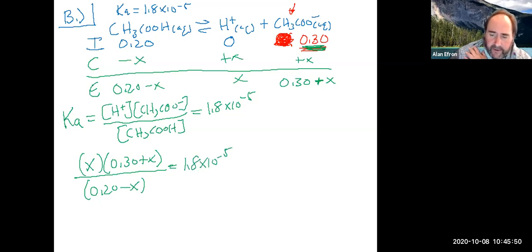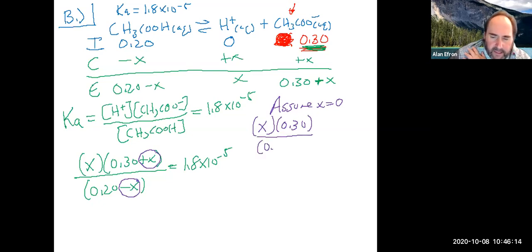Might as well continue on my streak of assumptions here since we've been doing good so far. So we will once again assume that x is equal to 0 here. Again, just the ones we're adding and subtracting from are the ones we're going to do that to. That gives us x times 0.3 divided by 0.2 equals 1.8 times 10 to the minus 5.